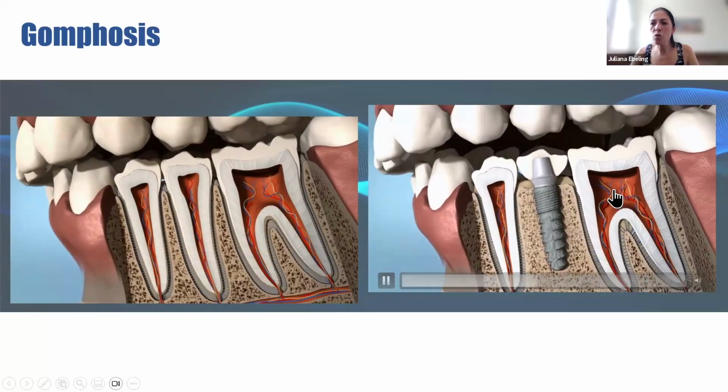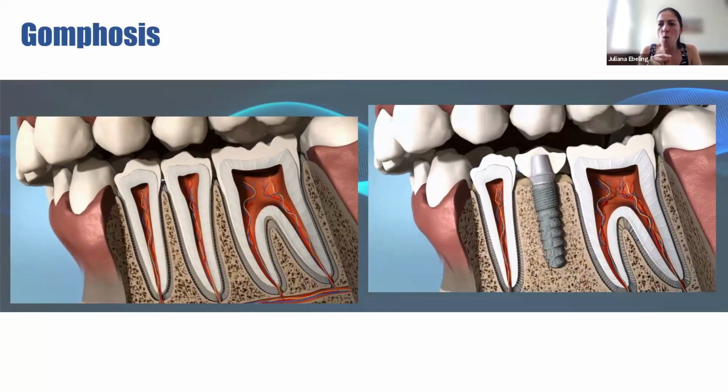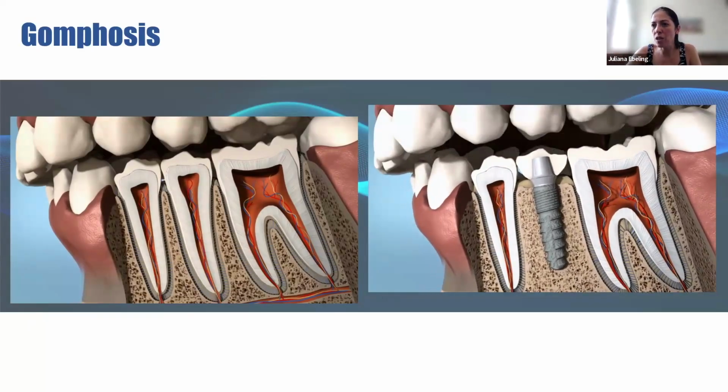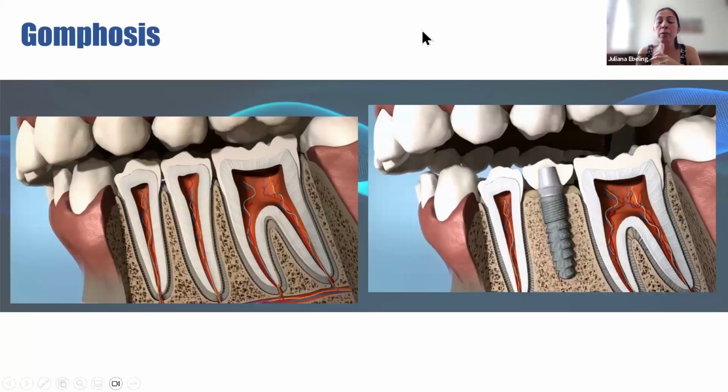So I need to understand how I will adjust the final restoration when I have implants or different materials, for example zirconia, resin, or composite.